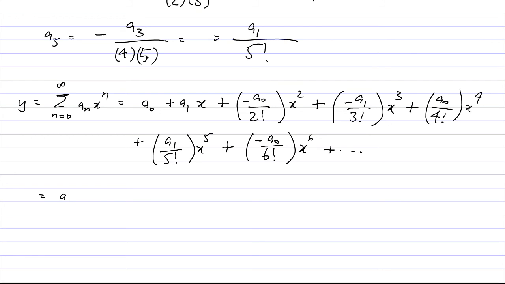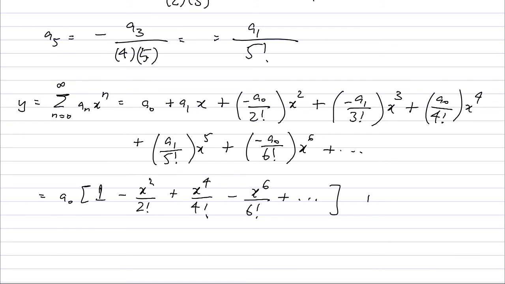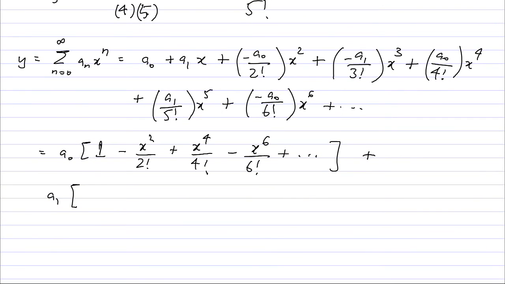So I can factor out a0, and then I have 1 minus x square over 2 factorial plus x raised to power 4 over 4 factorial minus x raised to power 6 over 6 factorial plus and so on, plus a1, and you have over here x minus x cube over 3 factorial plus x raised to power 5 over 5 factorial minus and so on.